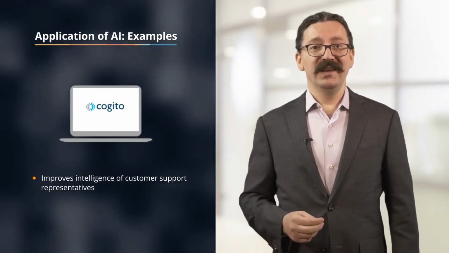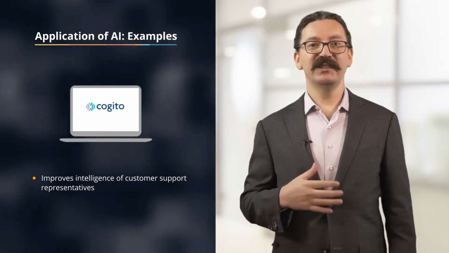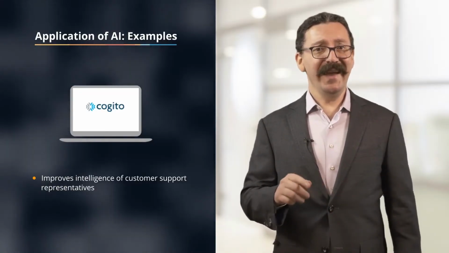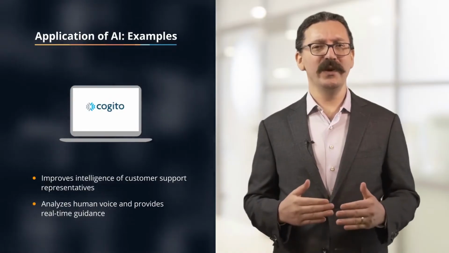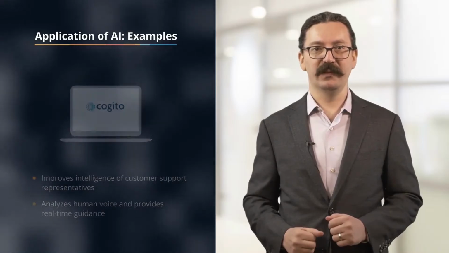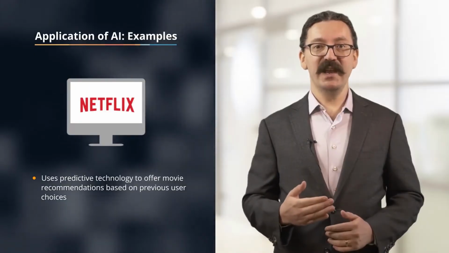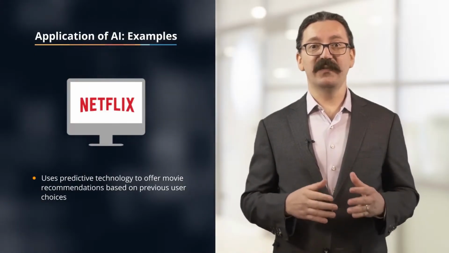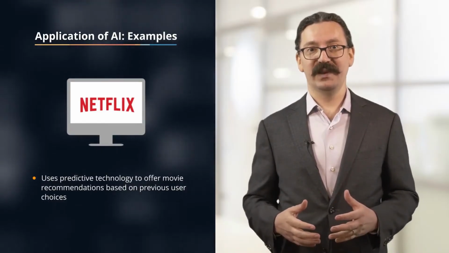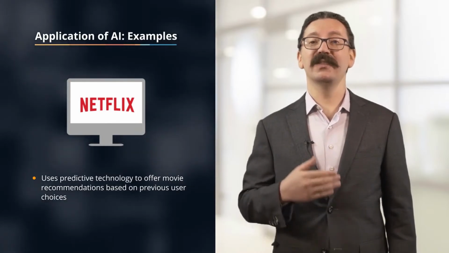The company is a synthesis of machine learning and behavioral science to enhance customer collaboration for phone professionals. The AI solution analyzes the human voice and provides real-time guidance to enhance behavior. Netflix uses predictive technology to offer recommendations on the basis of customers' reactions, interests, choices, and behavior. The technology examines previous user choices to recommend movies based on their likings.